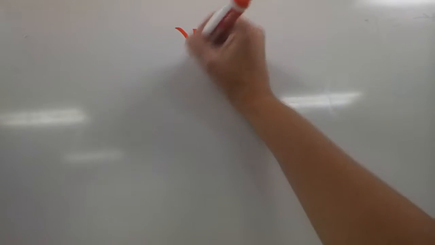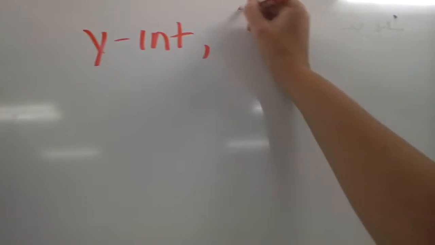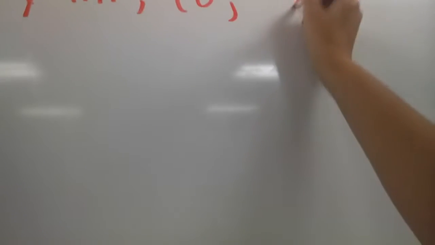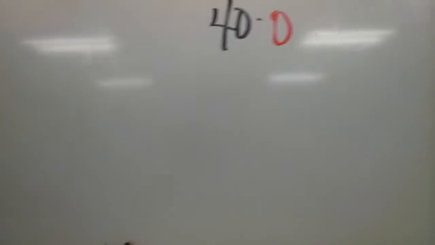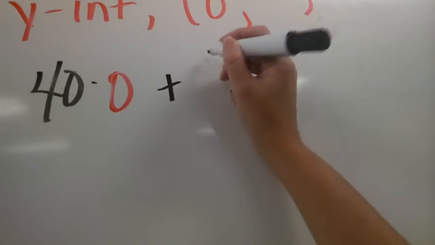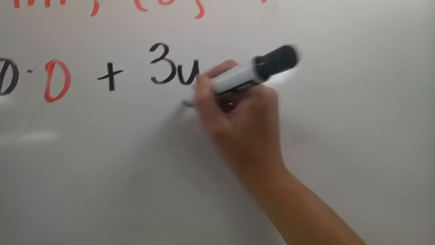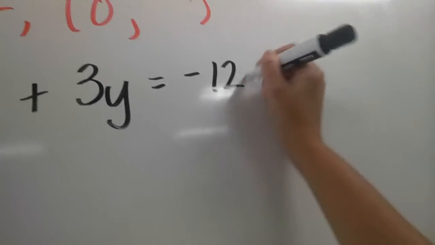Now for my y-intercept. So in my y-intercept, we know it's 0, comma something. My x equals 0. So going back to that, we have 40 times 0, plus 3y equals negative 120.